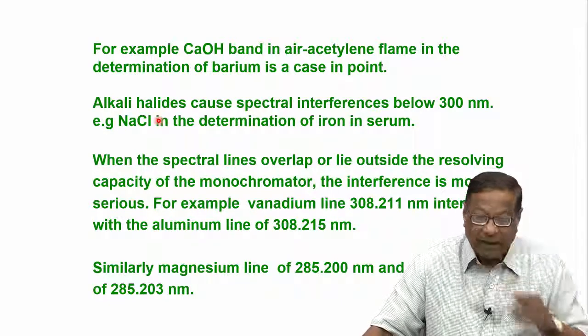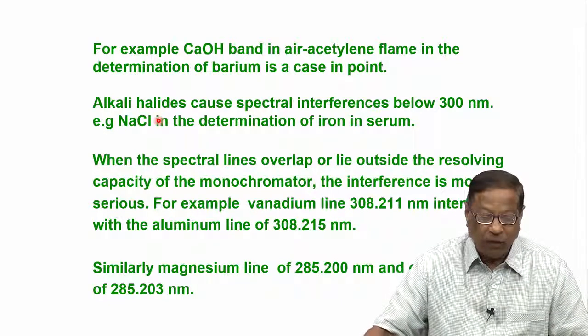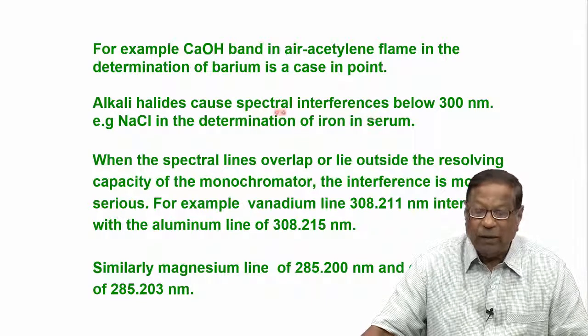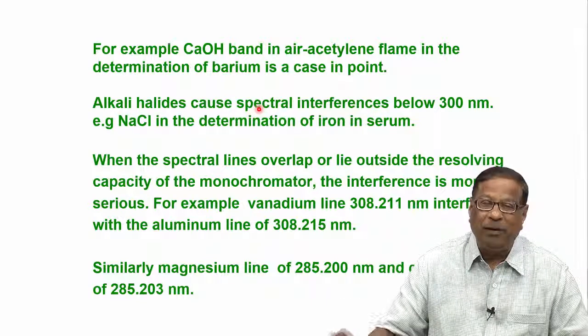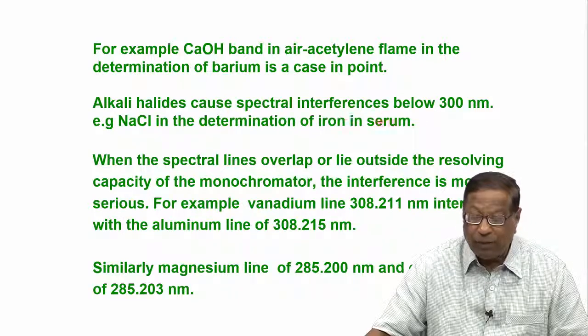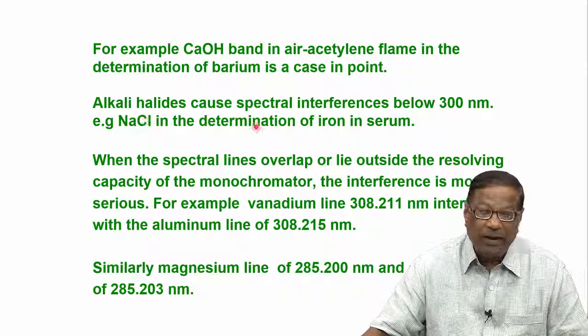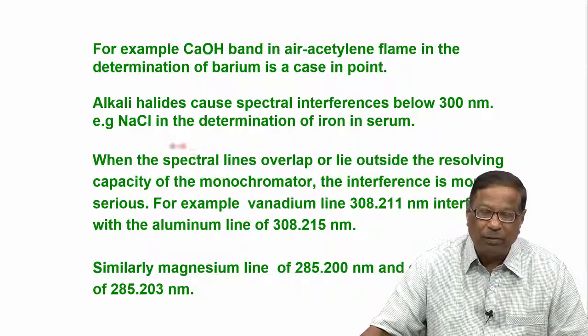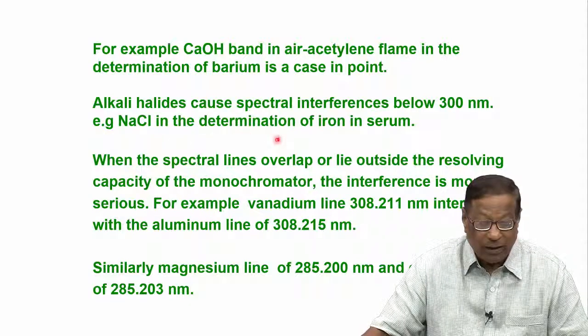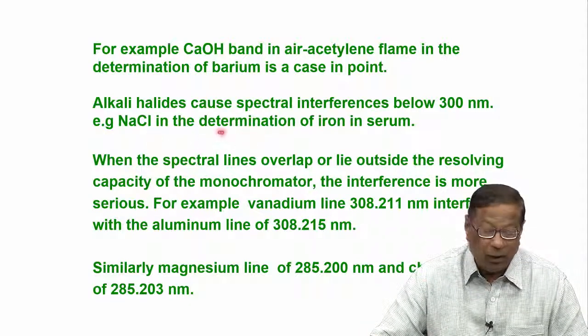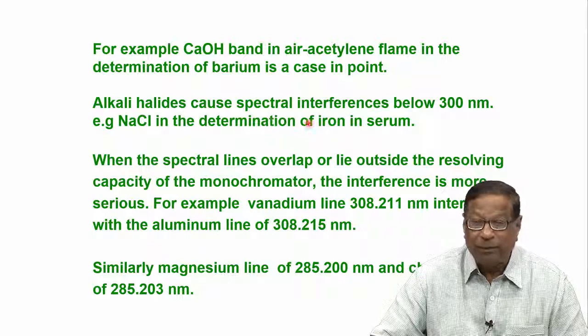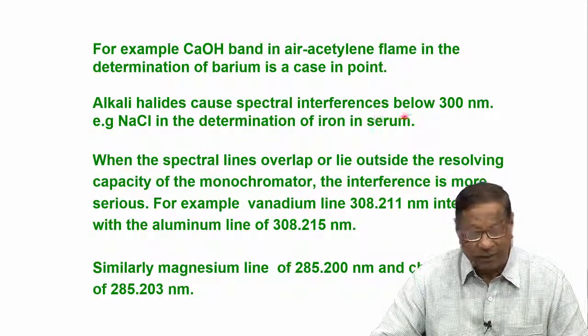Similarly, alkali halides cause spectral interferences below 300 nanometers, whatever is the element you want to determine. If the resonance line is below 300 nanometers, all alkali halides like sodium chloride, sodium bromide, potassium chloride, potassium bromide, all kinds of things will form and will cause error in the determination of iron, and this kind of interference is especially noted in serum determinations.